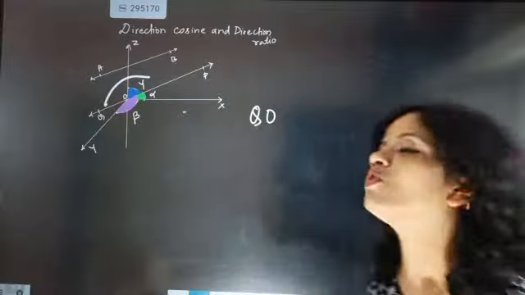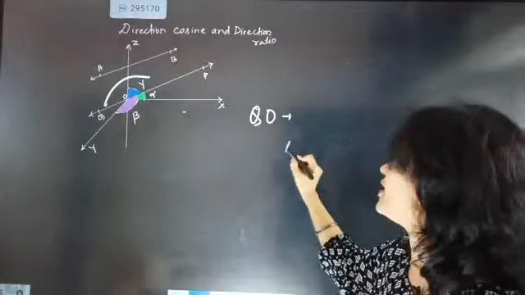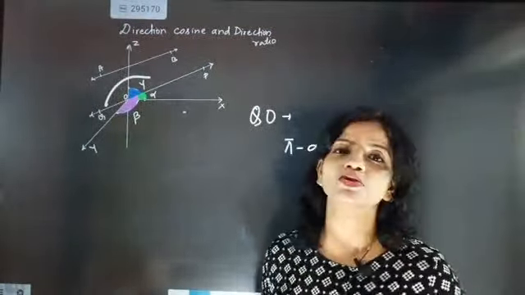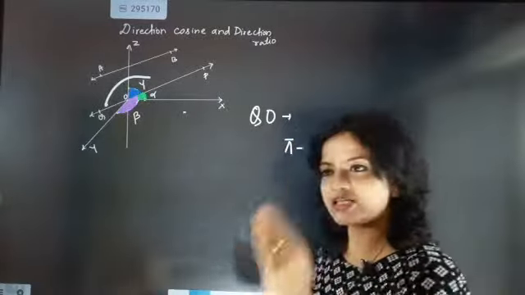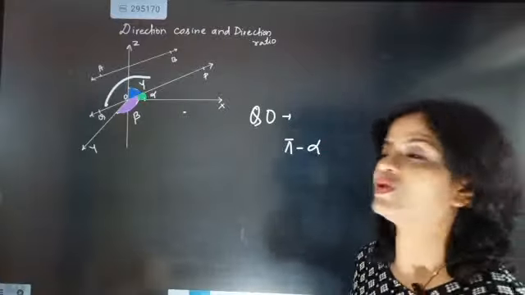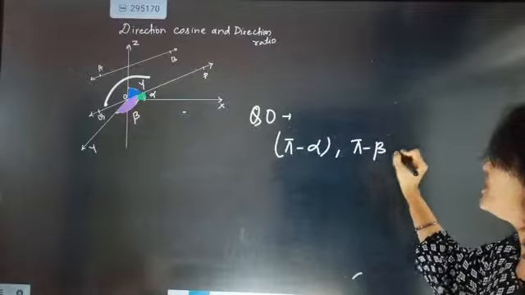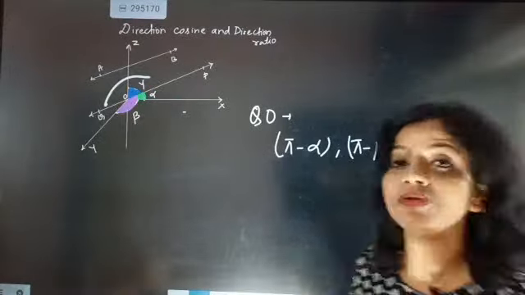QO will be subtending with x-axis pi minus alpha. So the direction angles of QO with x-axis, y-axis and z-axis will be pi minus alpha, pi minus beta and pi minus gamma. Because we know PQ is a line.